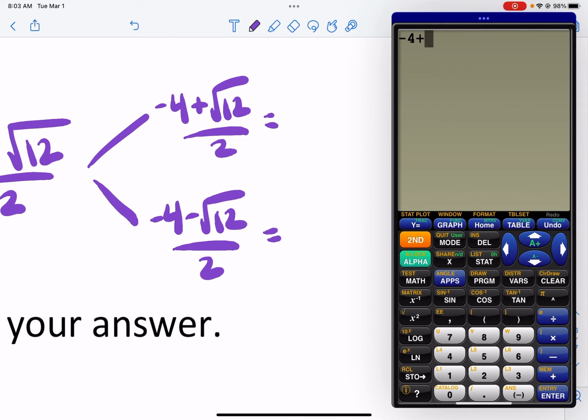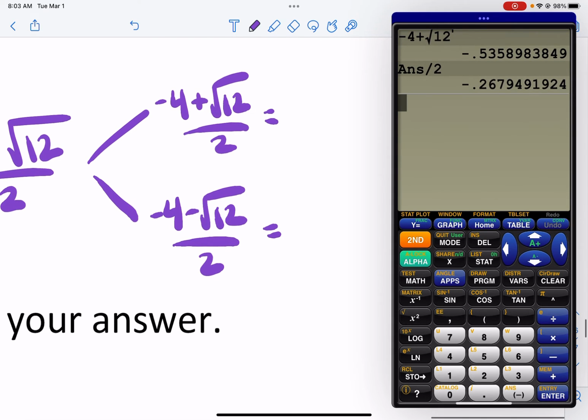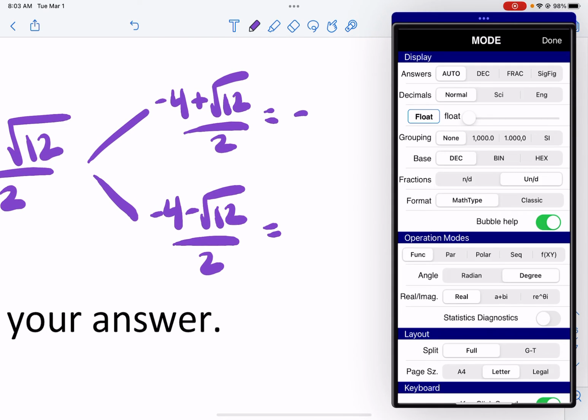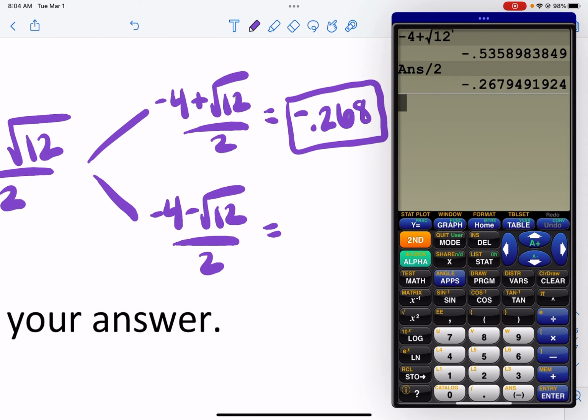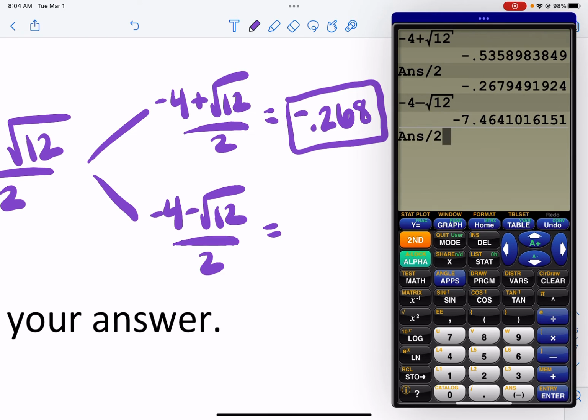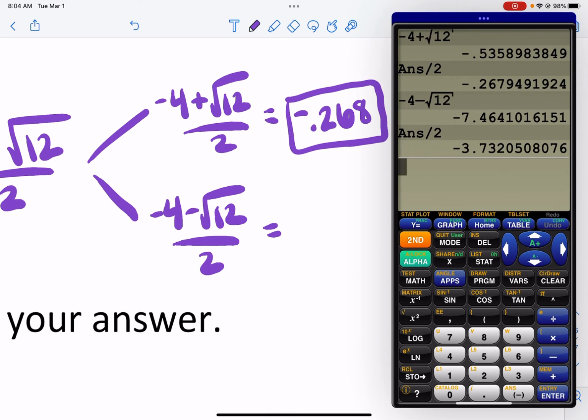Negative 4 plus the square root of 12 divided by 2 gives me negative 0.268. And then negative 4 minus the square root of 12 divided by 2 gives us negative 3.73.